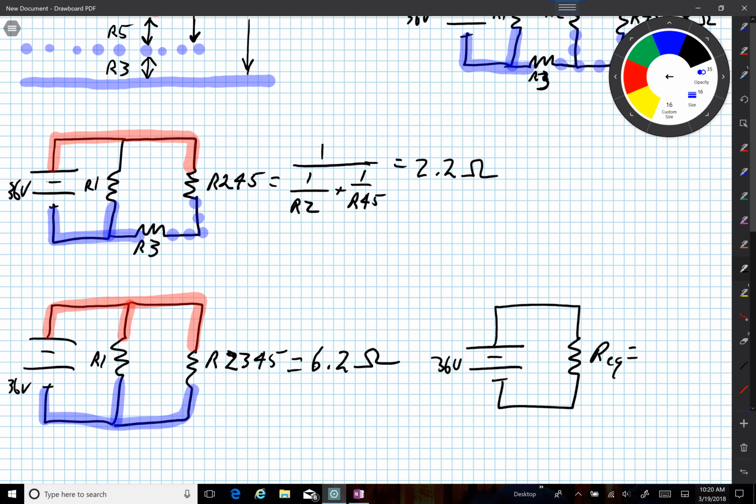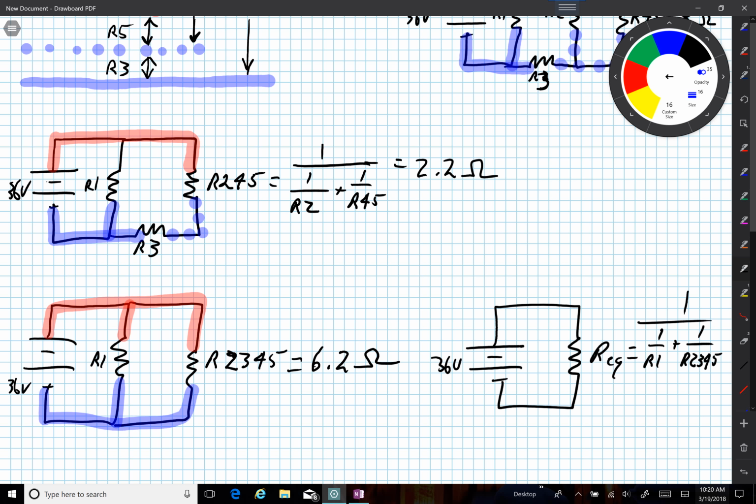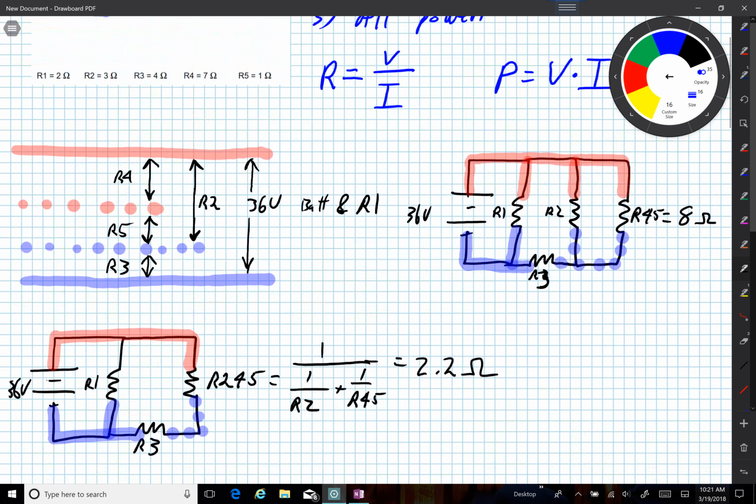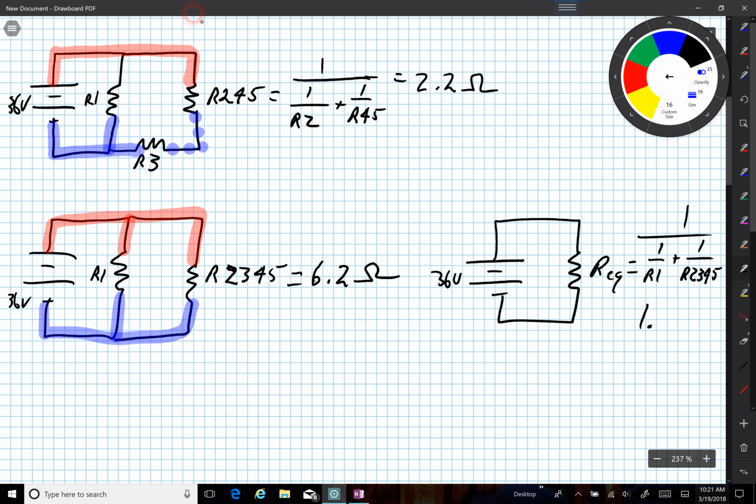All right, so this is 1 over R1 plus 1 over R2,3,4,5. And R2,3,4,5 is 6.2. Take 1 over that. And R1 is 2 ohms. Add those together. Take the inverse. I get 1.5.